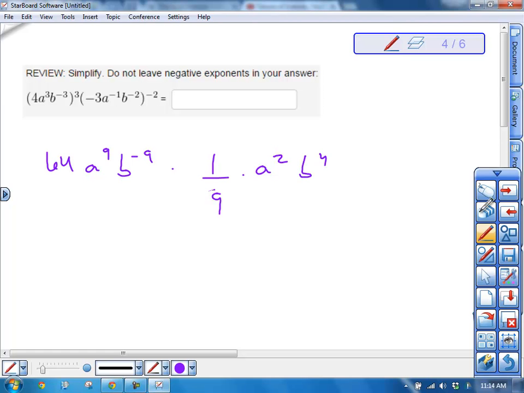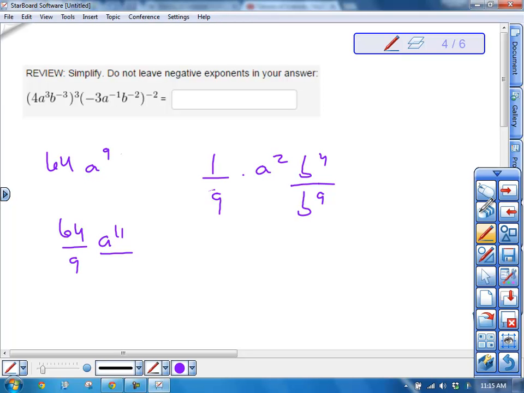Now order doesn't matter, so I'm going to do 64 divided by 9. Well, actually, I'm going to leave that at 64 over 9 because it doesn't simplify. And then a to the 9th times a squared is a to the 11th. I'm going to move this b to the bottom. If you move it to the bottom, like right here, for example, because order doesn't matter when you're multiplying, you can just switch the order up.